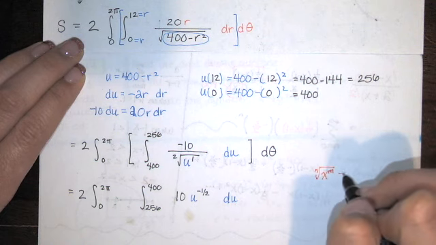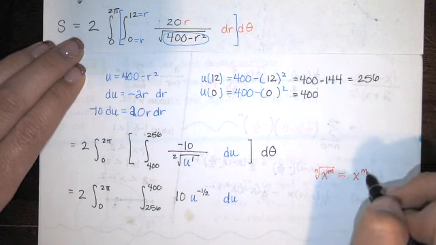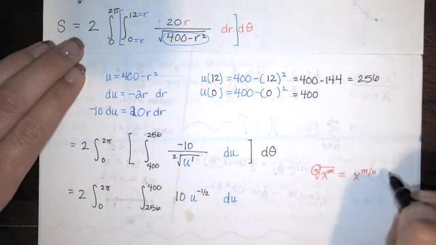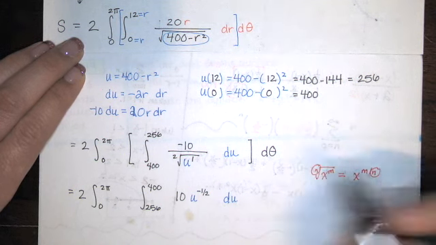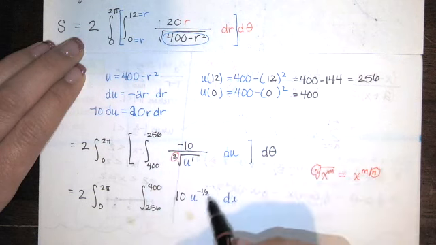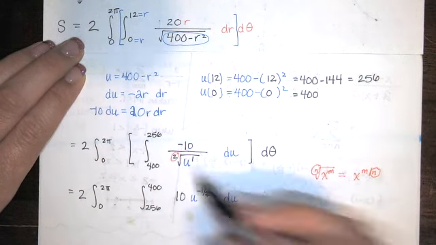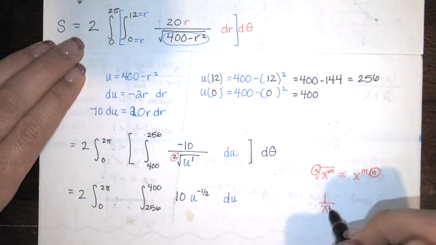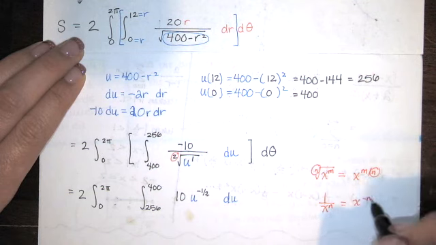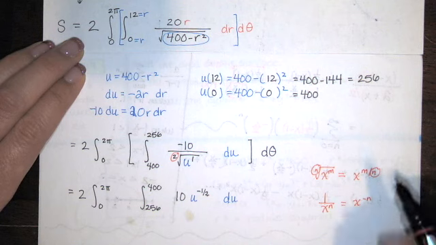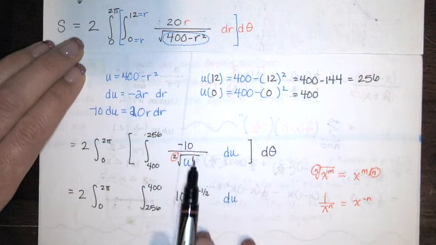The nth root of x to the m is x to the m over n. The index of that radical goes in the denominator. So there's an implied 2 there that goes in the denominator. The 1 goes in the numerator. And then if I have something in the denominator, I can bring it up to the numerator as long as I change that sign. So I had a u to the 1/2 in the denominator. Now it's a u to the -1/2 in the numerator.